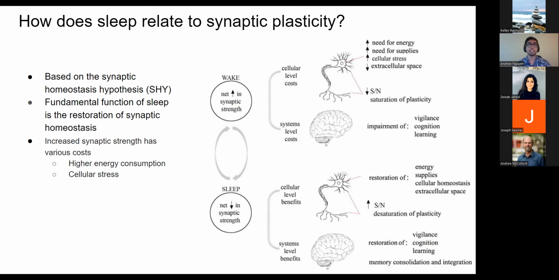So by renormalizing these synaptic strengths, sleep reduces the burden of plasticity on neurons and other cells while restoring neuronal selectivity and the ability to learn, which leads to the consolidation and integration of memories. So essentially, sleep leads to learning and memory.